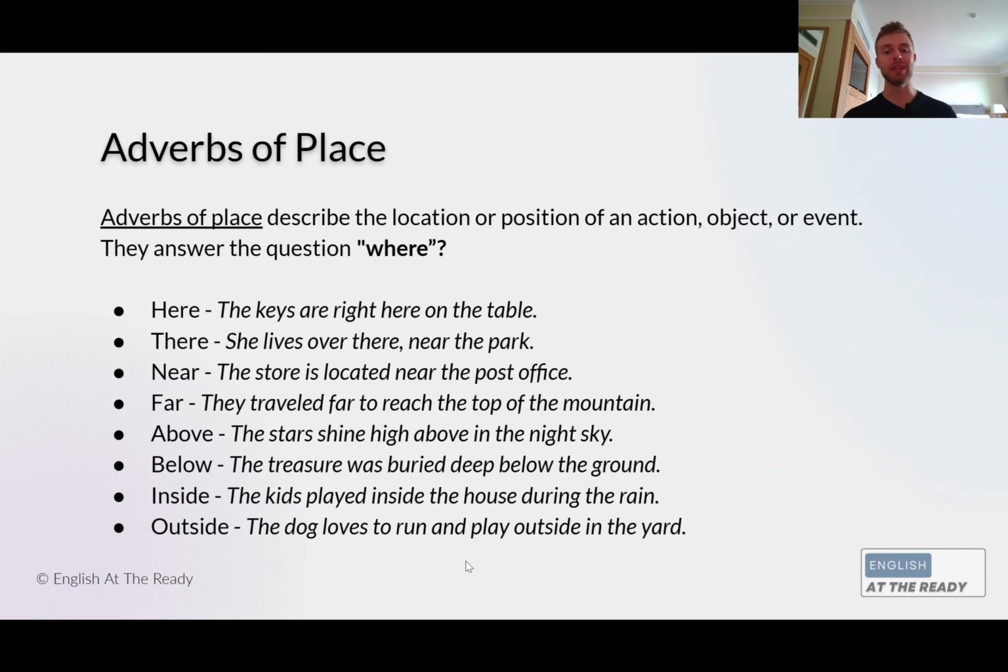So remember, an adverb modifies a verb. So in this last example here, the verbs are run and play. And since this is an adverb of place, we're asking the question where, okay? Where do they run? Where do they play? They run and they play outside. So outside is an adverb of place.